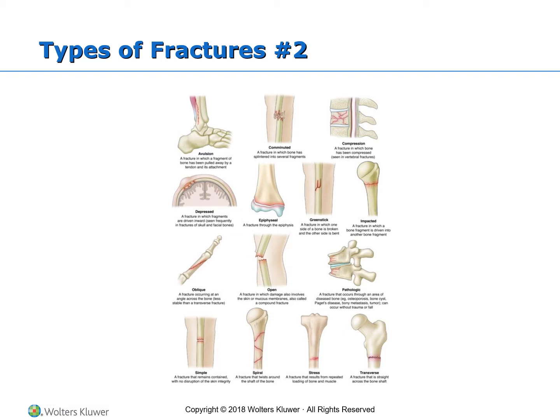And one more I wanted to bring up is the spiral fracture, because this is where the extremity where the bone is located is actually twisted. And so you have this twisting of the bone and fracturing that way. It's seen a lot in abused children. So that's why we always look at spiral fractures.